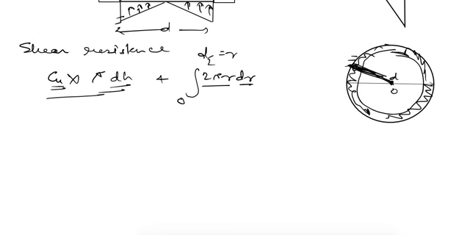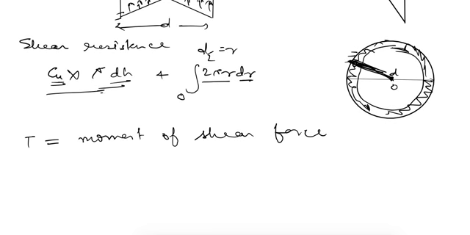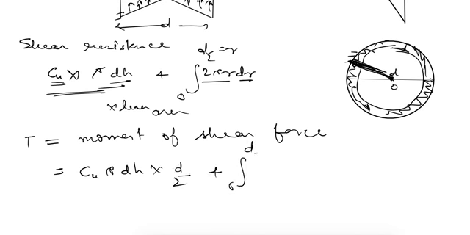Now if we want to write the torque, the torque will be equal to the moment of the shear force, that is force times lever arm. For the first term, the force is Cu pi d h and the lever arm is d by 2, plus the integral from 0 to d by 2 of Cu 2 pi r dr, where the lever arm is equal to r.